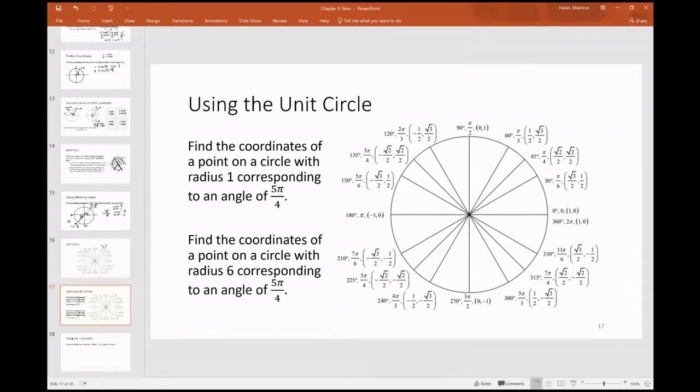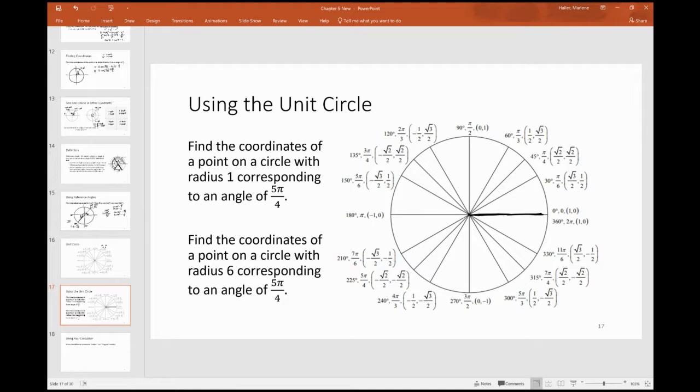All right, so let's see, what does it say? Find the coordinates of a point on a circle with a radius 1. Okay, good, here's a unit circle, corresponding to an angle of 5 pi over 4. We always start here, and then we go around this way, counterclockwise, till we find the angle we want. So 5 pi over 4, let's see. There's pi over 2. There's pi.